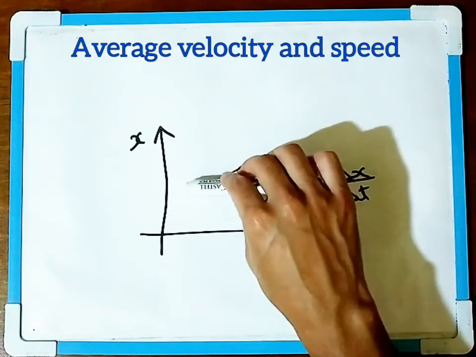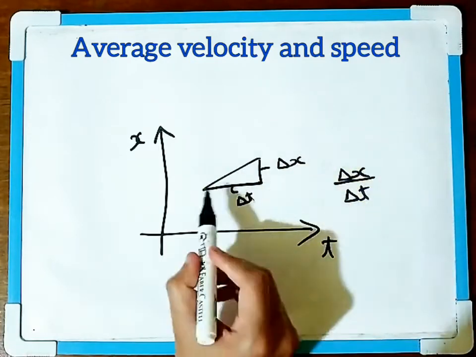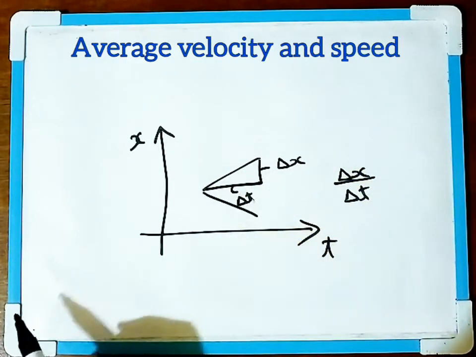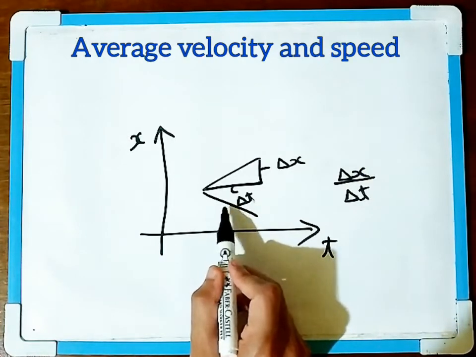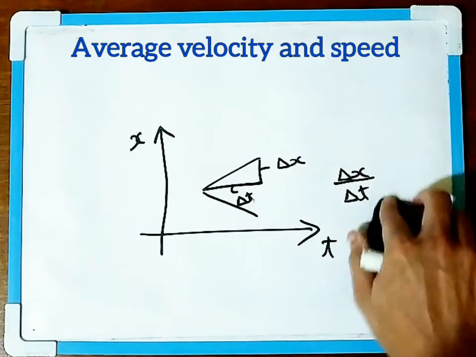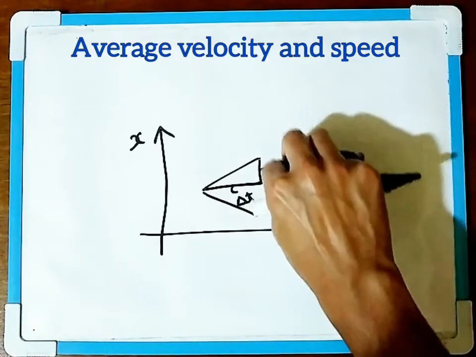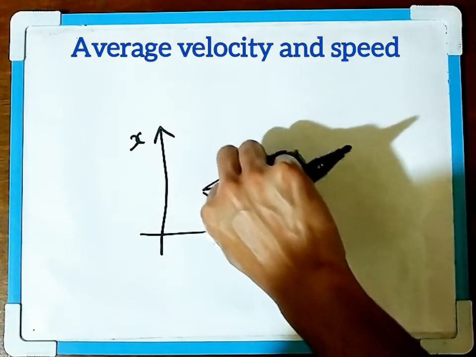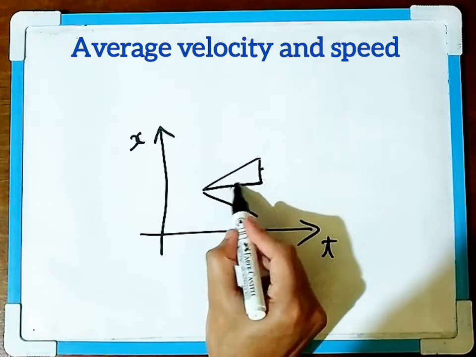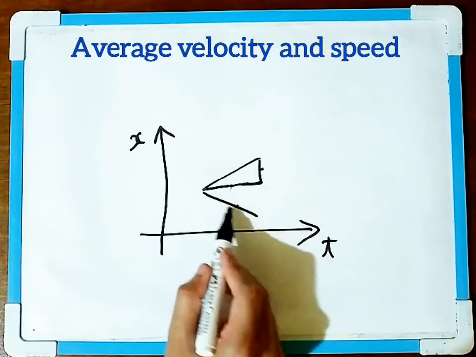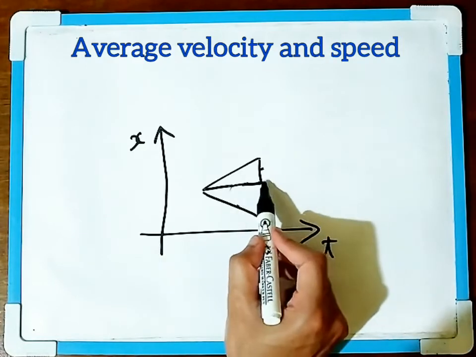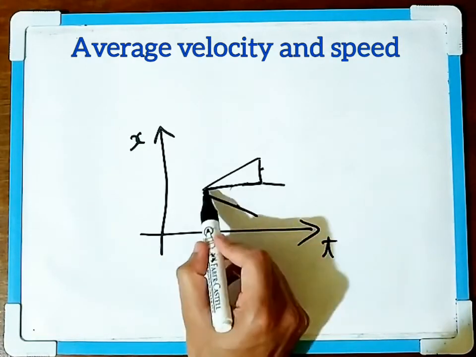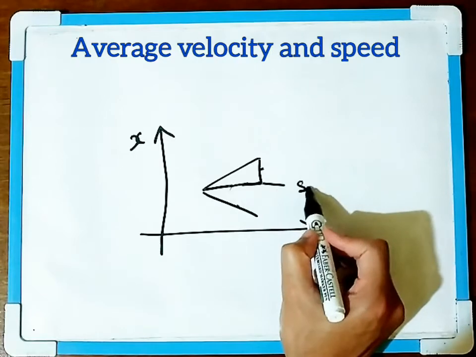Now if your line is slanting in this way, then we say this has a negative slope. So if your straight line is slanting in this direction, then this has a negative slope. So for this line here, the slope is 0.